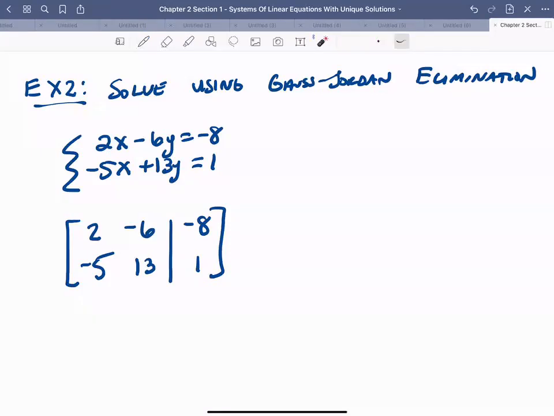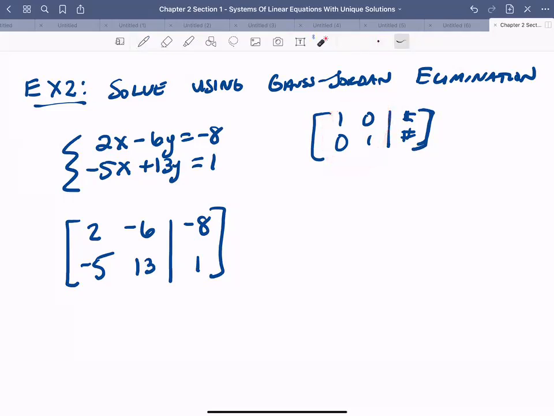Notice how I have enough separation here that you know these numbers are all separate from each other. So next, we go back to our goal. Because we have what we call a 2x2 matrix, which we'll get into later in the chapter, our goal is that our matrix will look something like this.